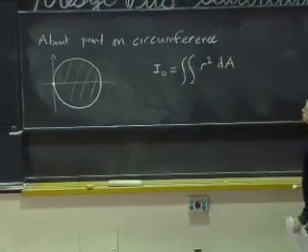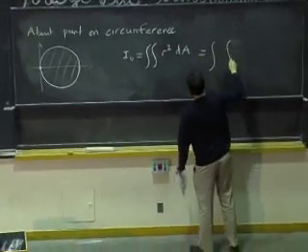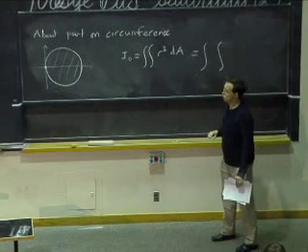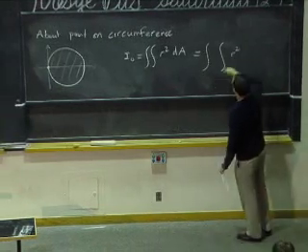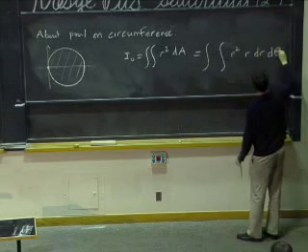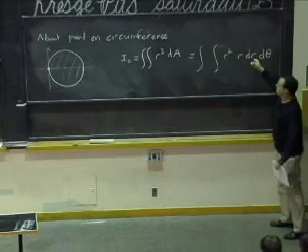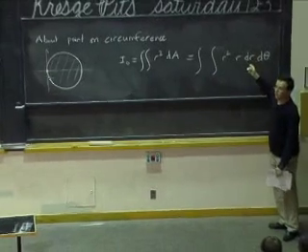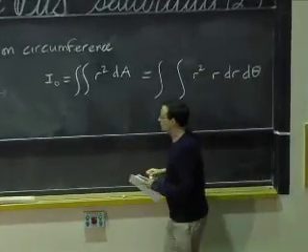But now I want to find out how to set up the integral. So I could try to use xy coordinates, and it would work. Or I can use polar coordinates, and actually it works a little bit better that way. But both are doable. So let's say I do it this way. So I have to figure out how to set up my bounds, right? So what are the bounds for r?